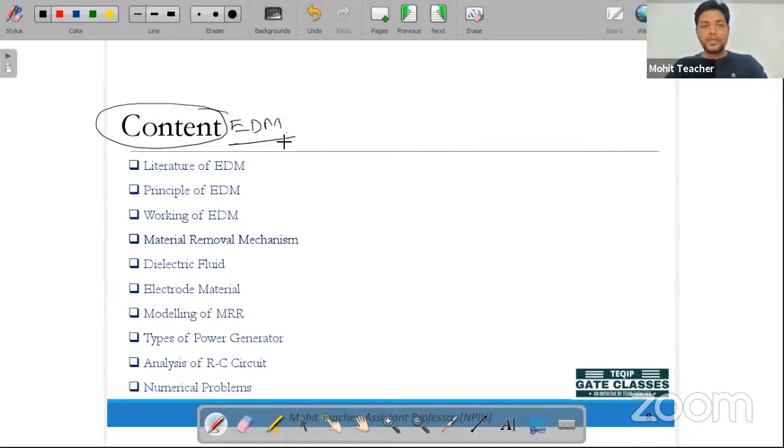That's great. So today we are going to discuss another non-conventional machining process, that is EDM, electric discharge machining. From the first session, when we started non-conventional machining processes, I said that in these operations we do not rely completely on a mechanical system.